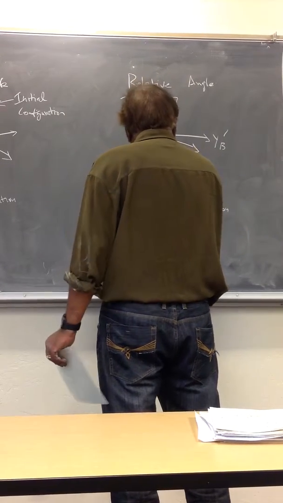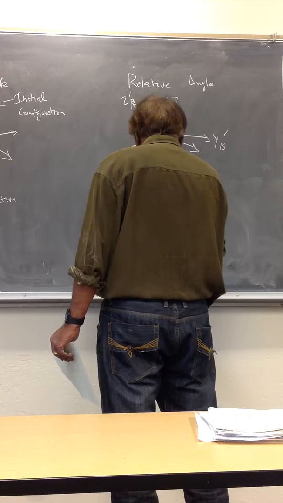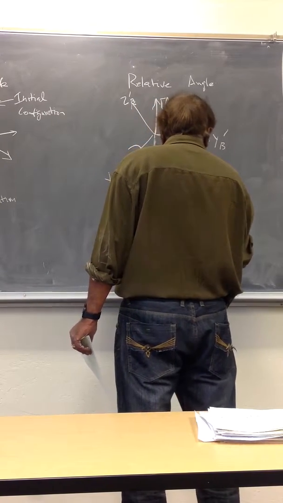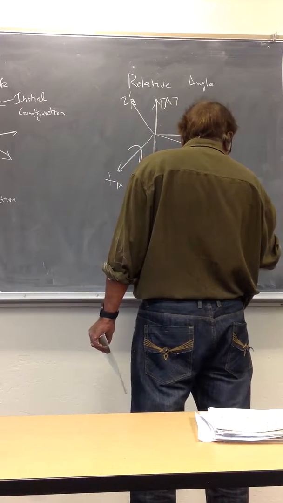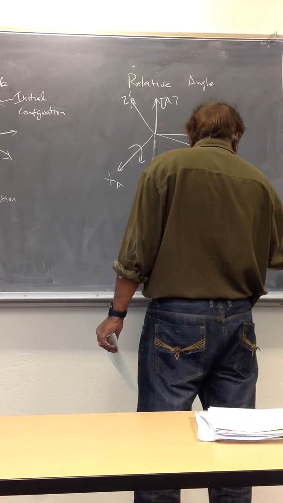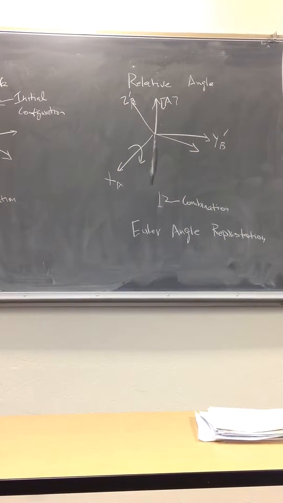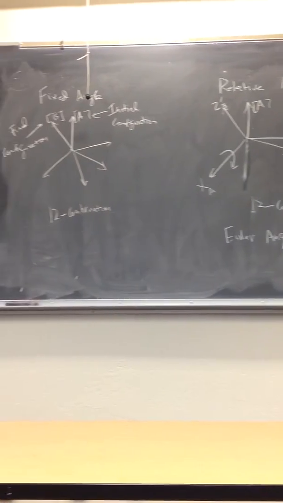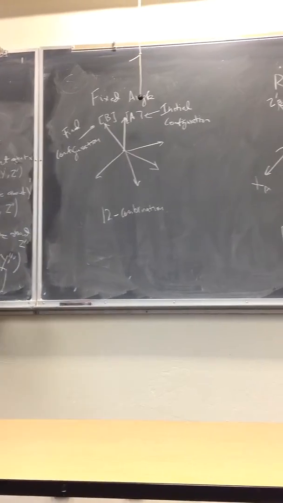So the relative angles are actually called the Euler angles. Euler angle representation. And the fixed is, of course, the fixed. Okay. Let's look at an example here.